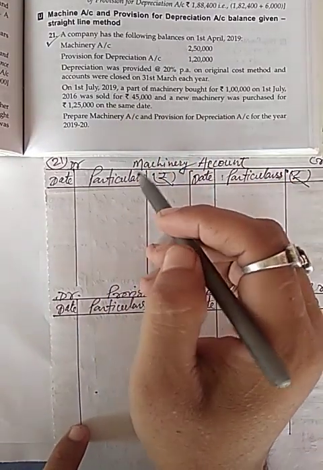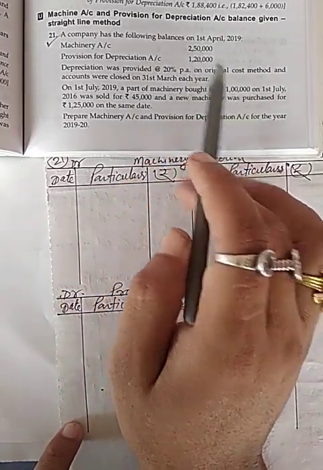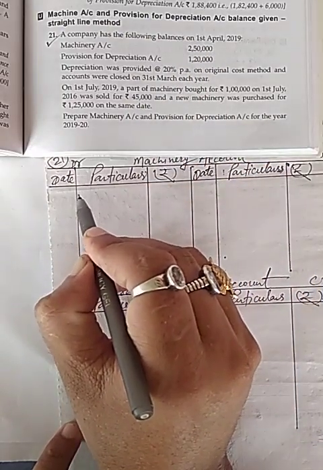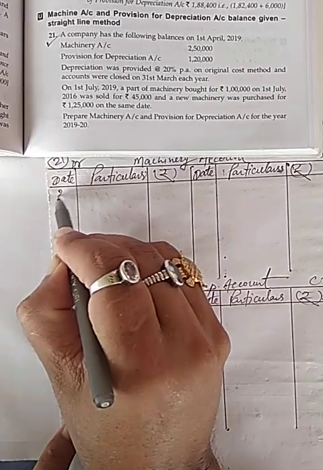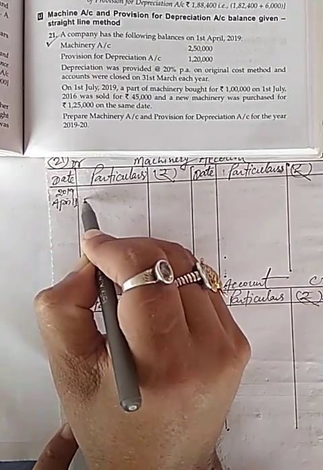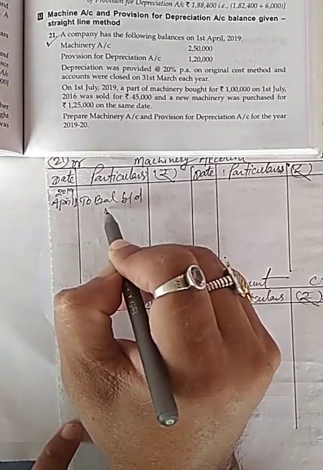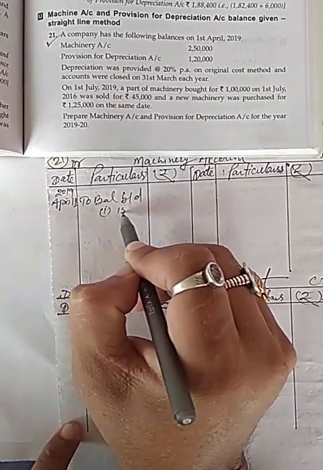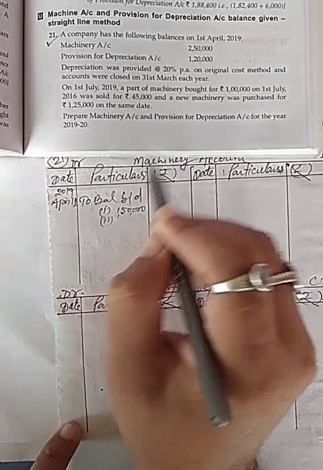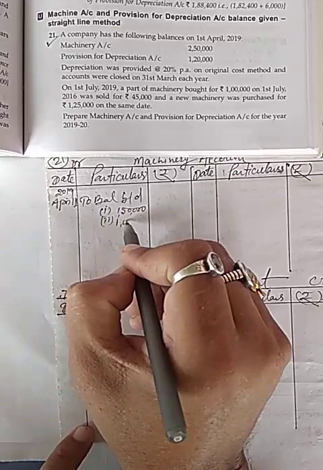So we have to separate the balance of machine into two parts, and we will write on 1st April 2019, to balance b/d. The first machine balance will be 1,50,000, and the second machine included in the 2,50,000 balance will be 1 lakh.